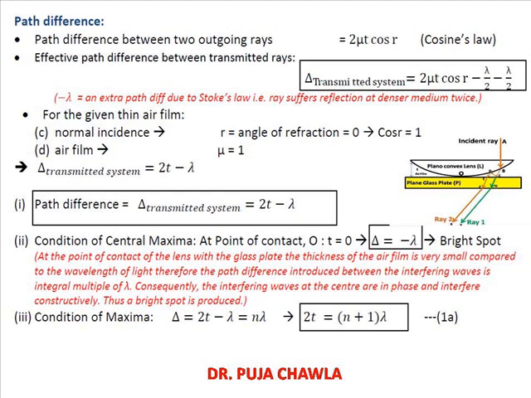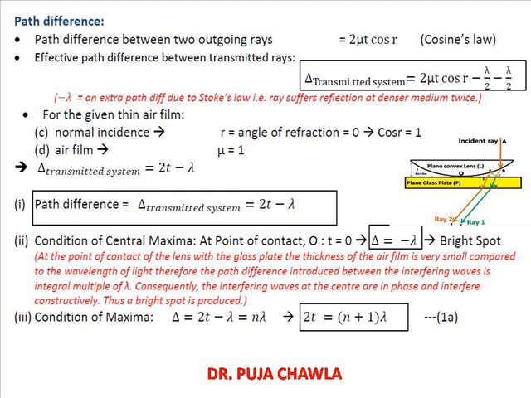Minus lambda meaning minus 1 lambda. 1 lambda meaning integral multiple of lambda. When I am saying integral multiple of lambda, that means bright spot is there. That means the condition of central maxima is delta is equal to minus lambda. That means it's a bright spot. Clear?